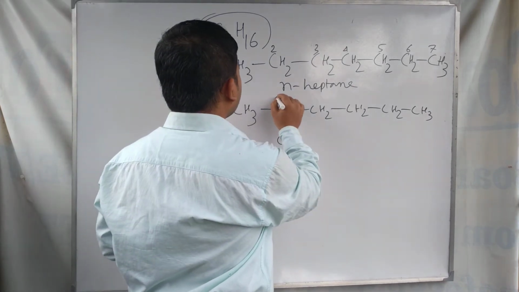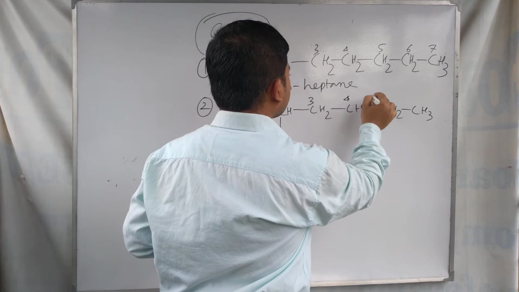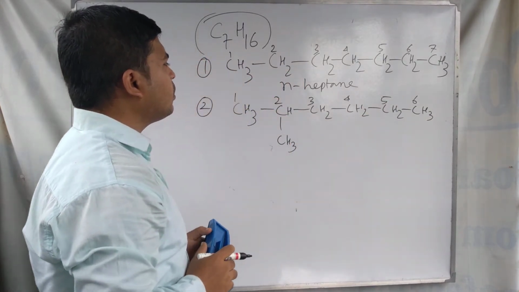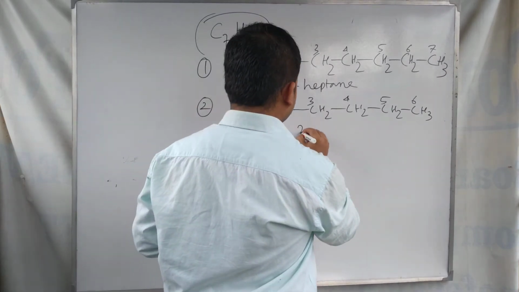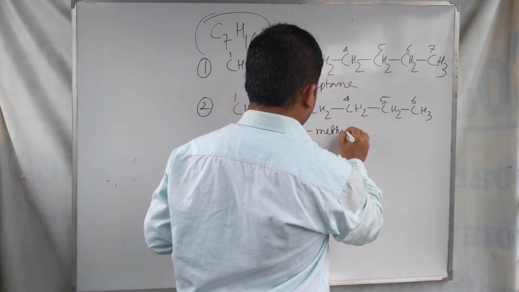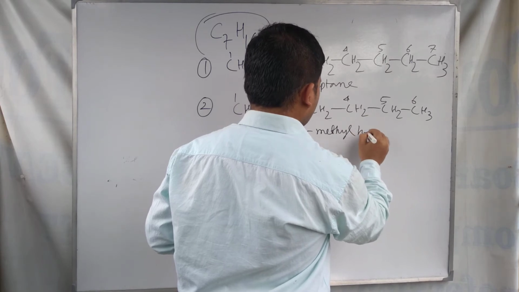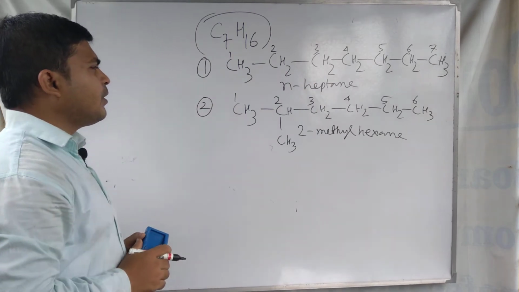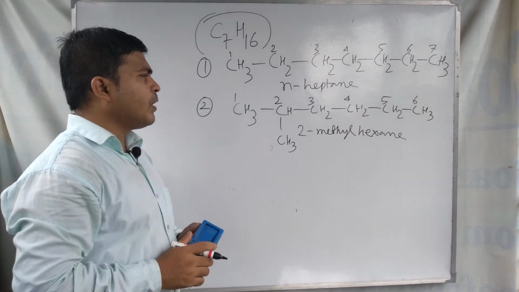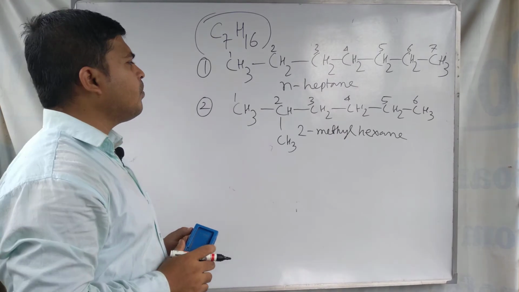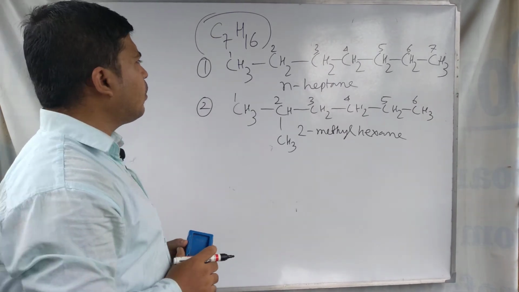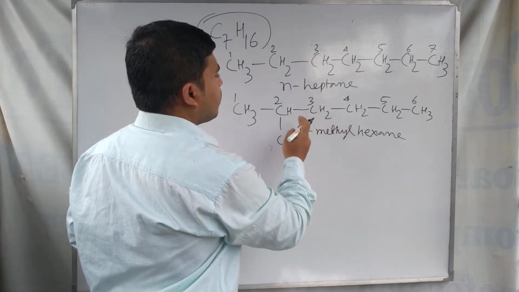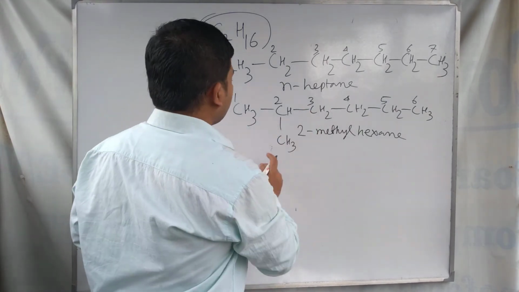The name of this compound is 2-methylhexane. The 2 position is occupied by methyl, so it is the second isomer possible for this molecular formula. Now we have to change the position of the branch from the 2 position to the 3 position.